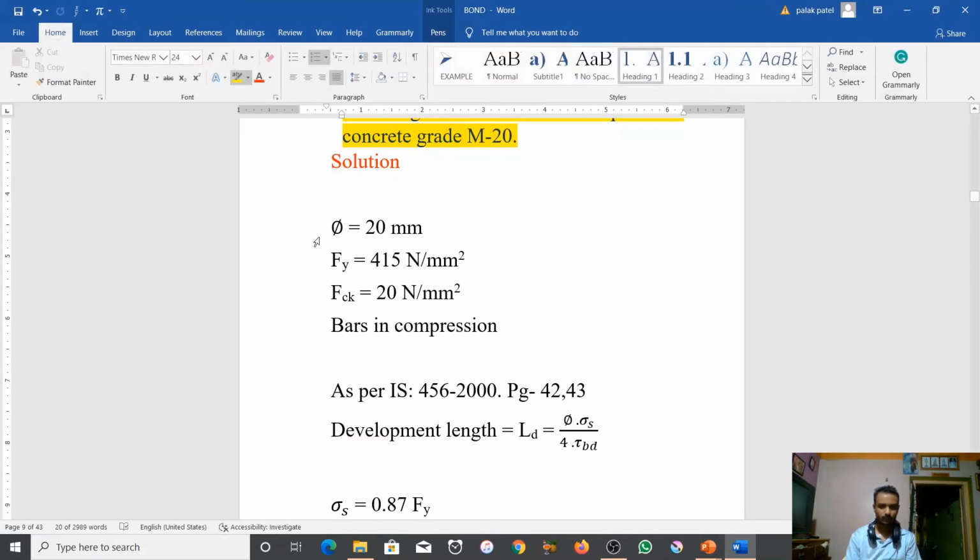Here is the given data: diameter 20 mm, fy 415, fck 20, and bar in compression. So we can find out the development length.